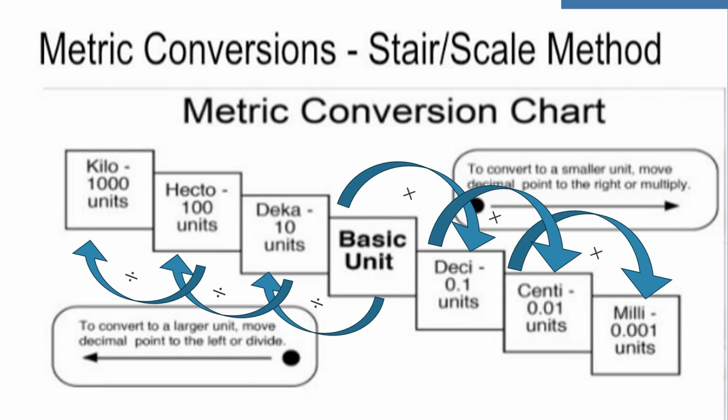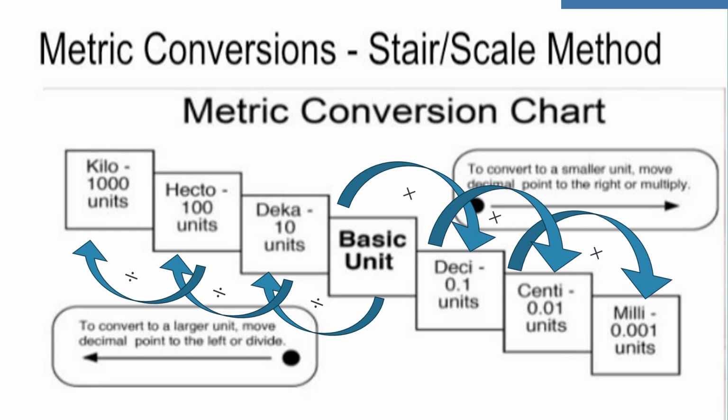This is one of the conversion charts that I used in my classes to help students. Those arrows sometimes stick into their heads. So if the basic unit is gram, for example, and I want that converted to kilogram, part of a kilogram, how many kilograms are in 10 grams of sugar?